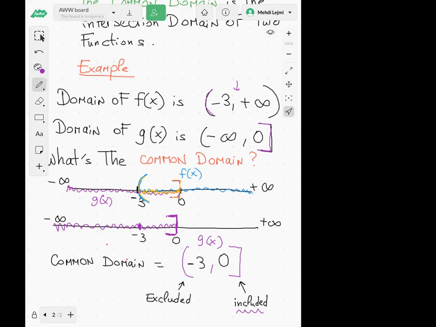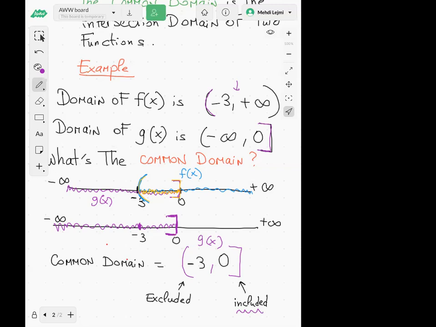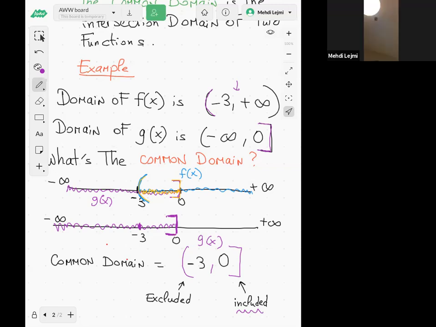Okay, so for example, for the first one, the domain of f is -3 to plus infinity. Yes. In our final answer, we have to put the excluded and the included endpoints. That is (-3, 0], right? Yeah, (-3, 0].